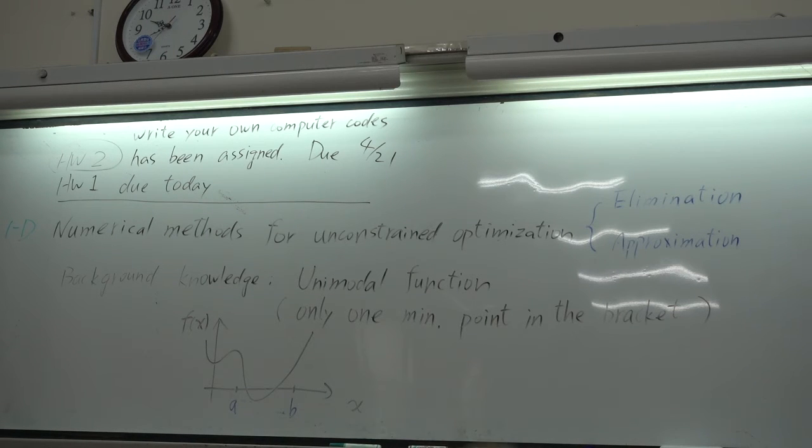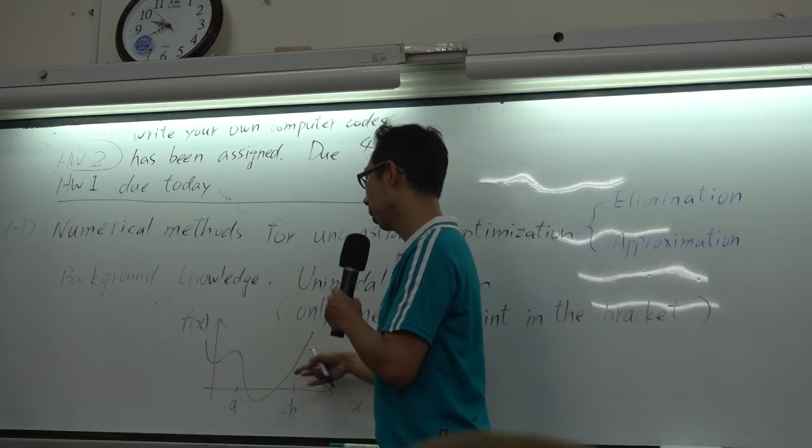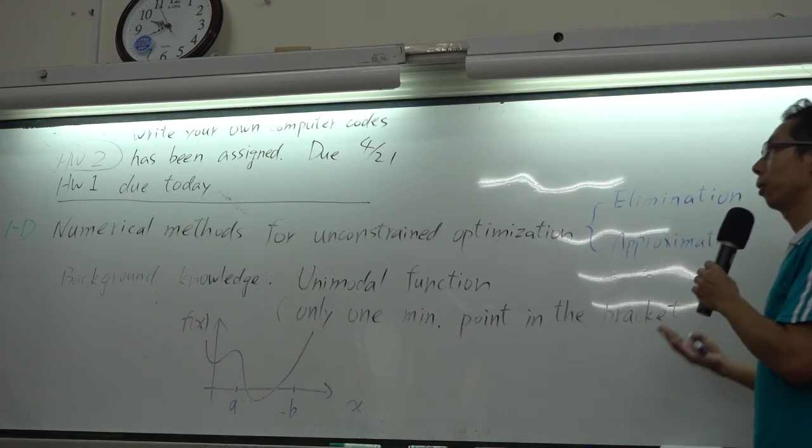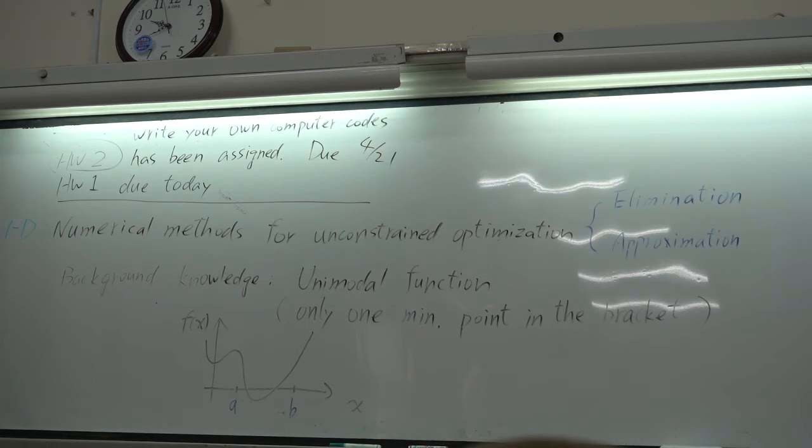We start from a bigger bracket and eliminate a part, making it smaller and smaller. The second way is the so-called approximation or interpolation method. That is, we try to approximate a function as a quadratic function or a cubic function.